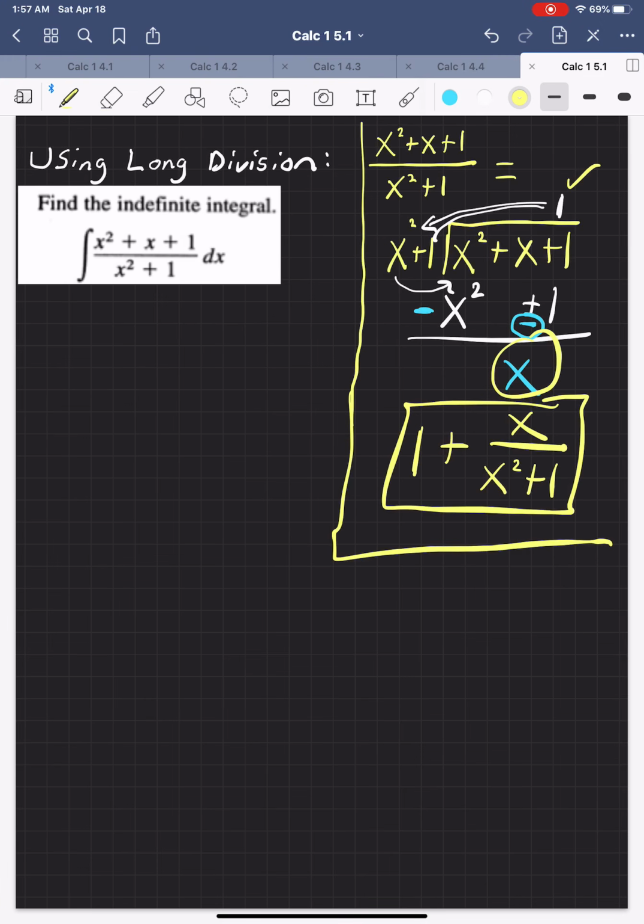Now, if that is hard for you, then you need to take a second and Google polynomial division. Find a YouTube video, take 5 minutes, 10 minutes out of your day, and teach yourself polynomial division. Okay, but what that means for us is I can rewrite this integral.